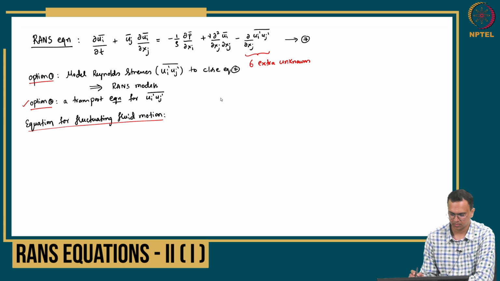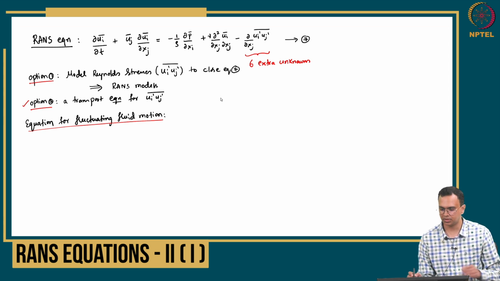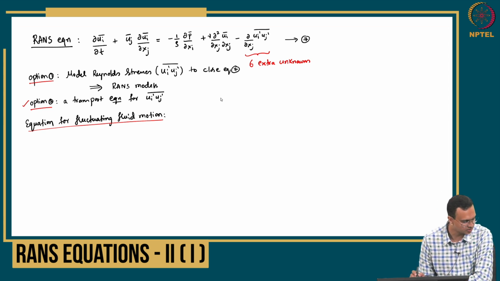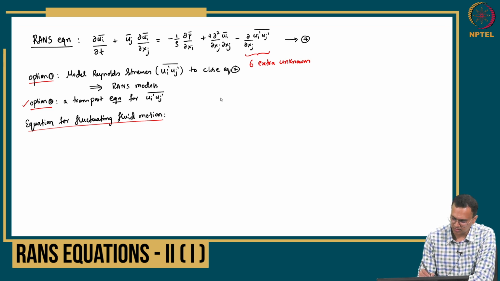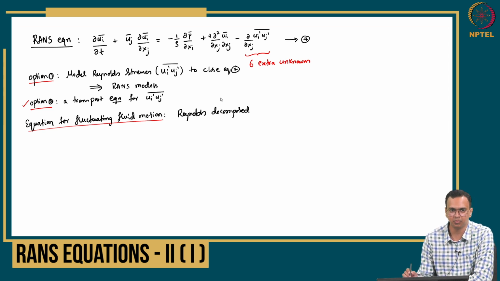So the mean momentum equation is already there, which is your RANS equation. So now all I have to do is take one equation, which is the Reynolds decomposed Navier-Stokes equation. Take Reynolds decomposed, not averaged. So you are essentially taking the Navier-Stokes equation and decomposing it into mean and fluctuation. So Reynolds decomposed Navier-Stokes, and then minus the RANS equation.